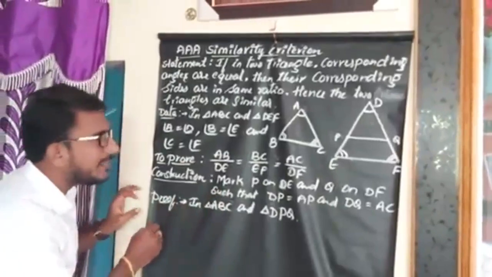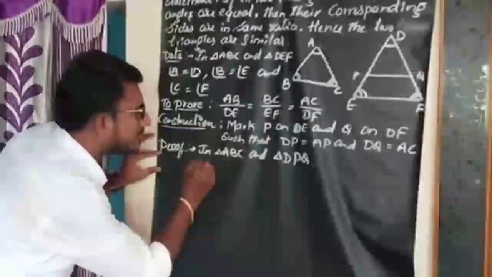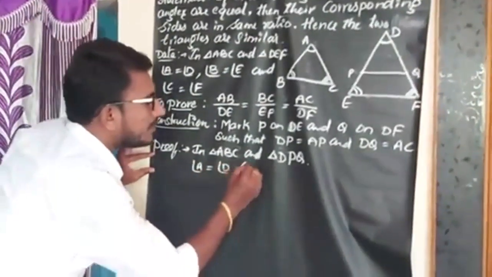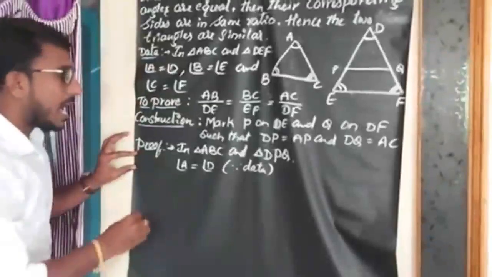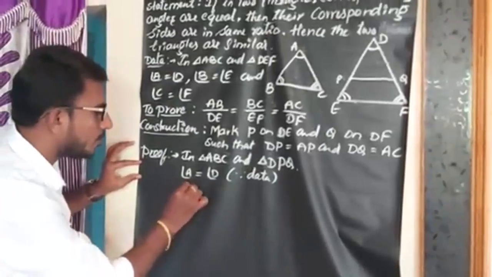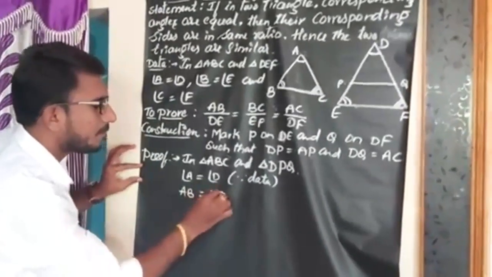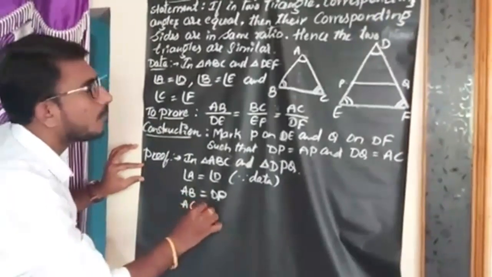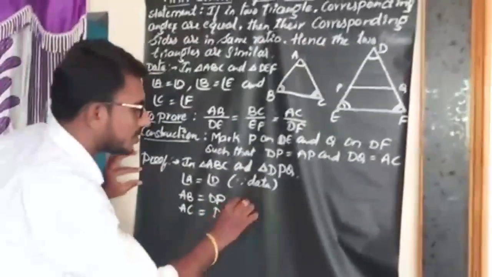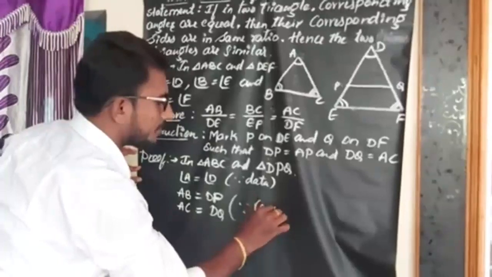Okay, let us write that. Angle A is equal to angle D. This I have written according to the data. And then AB is equal to DP and AC is equal to DQ. This is from the construction.